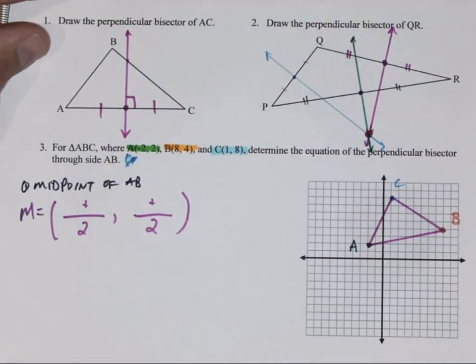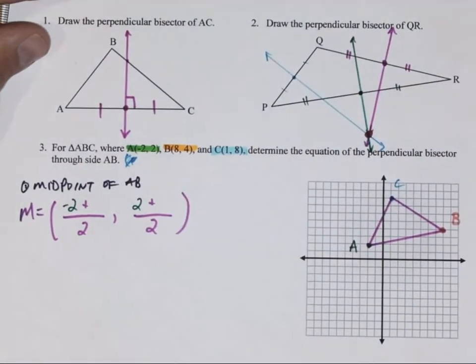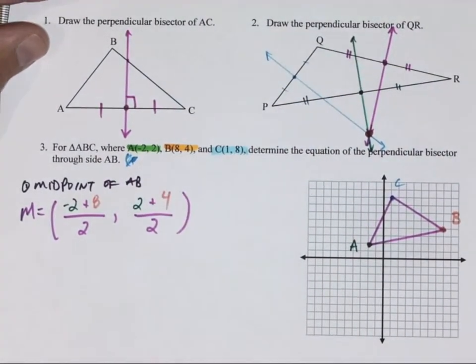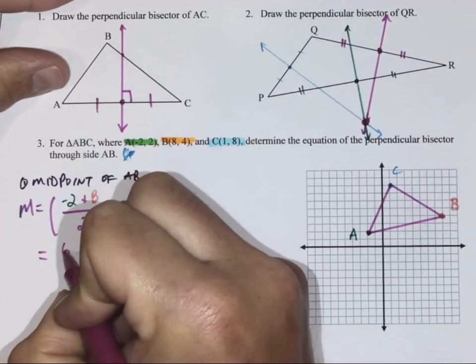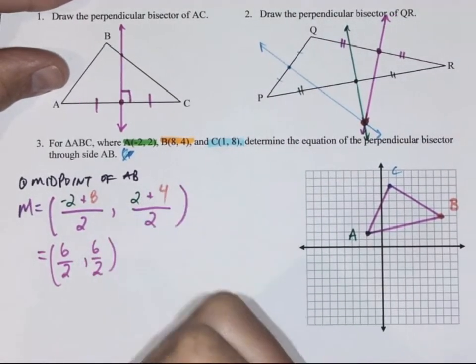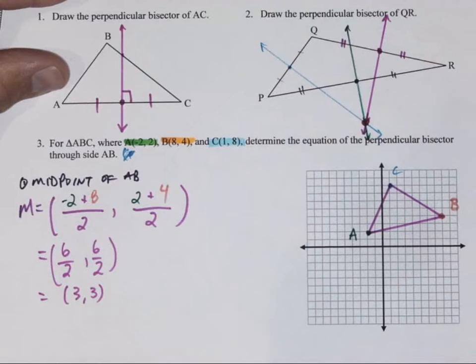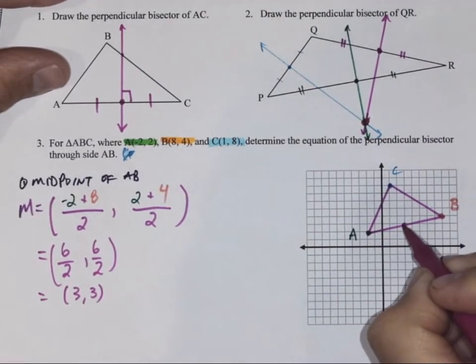Take what we know, put it in the formula. And we math. So the midpoint is 3, 3. 1, 2, 3, 1, 2. Whoa, look at that.